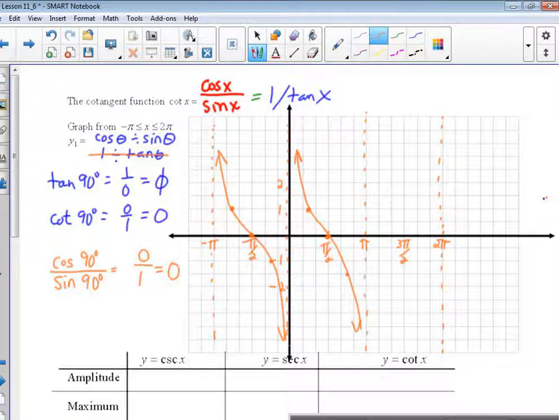And same thing again, at 270 for cotan you're 0, at 225 you're at 1, and at 315 you're at negative 1. So there's y equals cotan x.